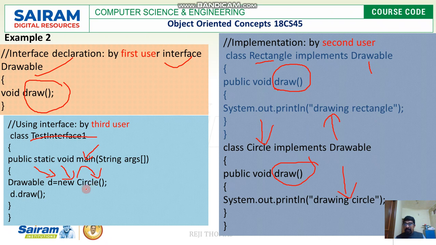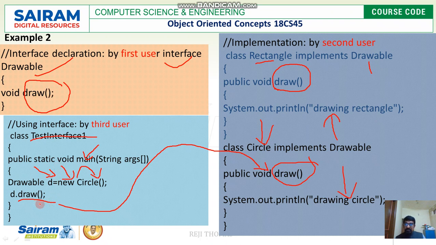So we are going to create an object of the class called circle, and the object name is d, and d dot draw. This is going to invoke the method called draw in the class circle. That means we have used the interface called drawable, and we have used the method called draw.